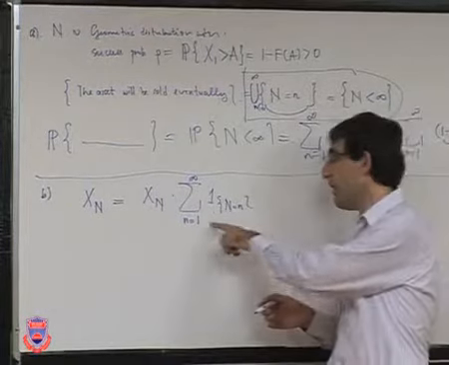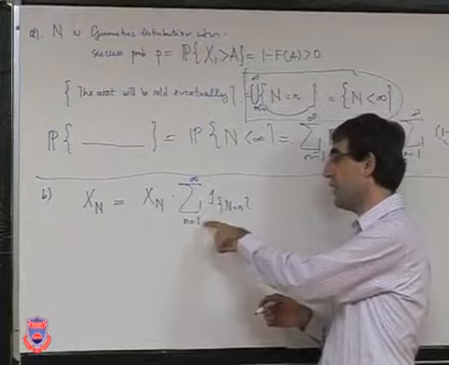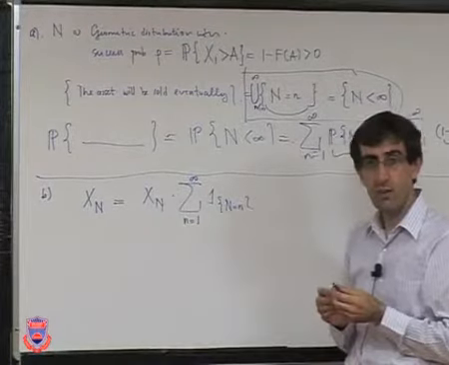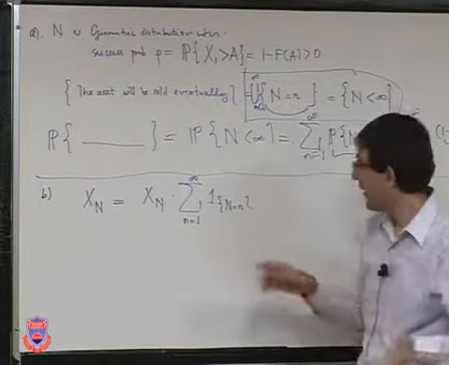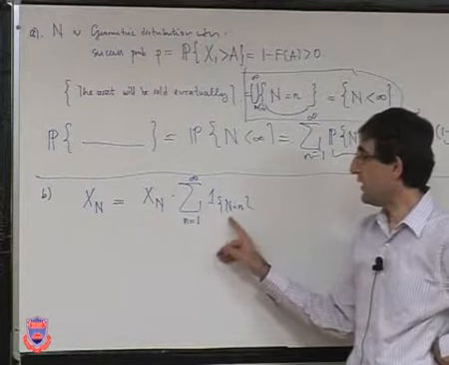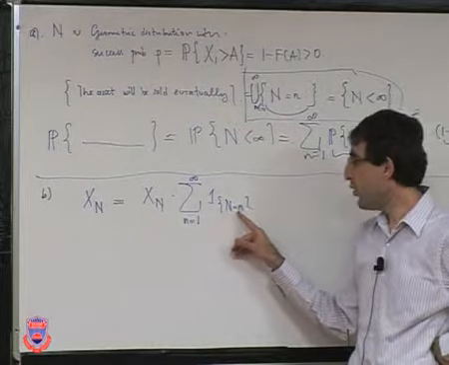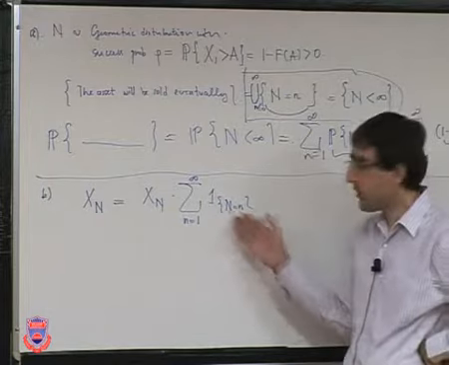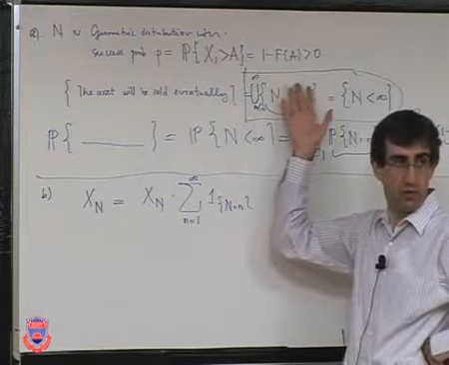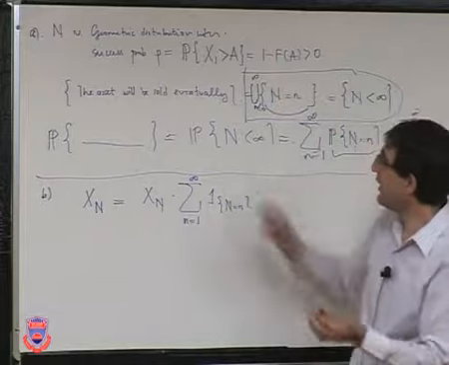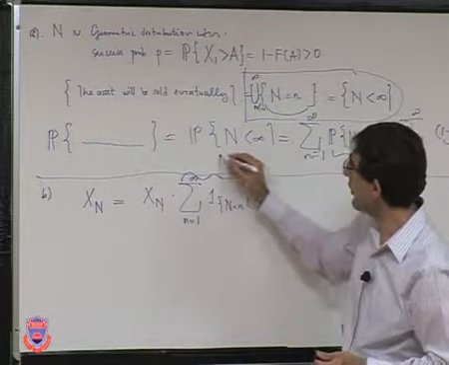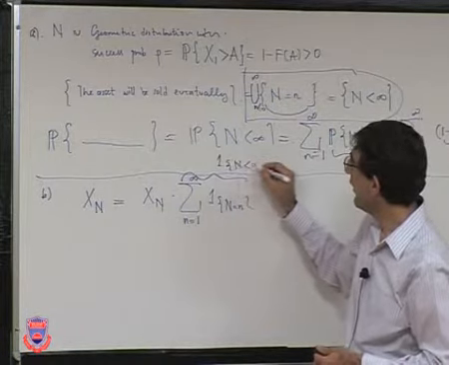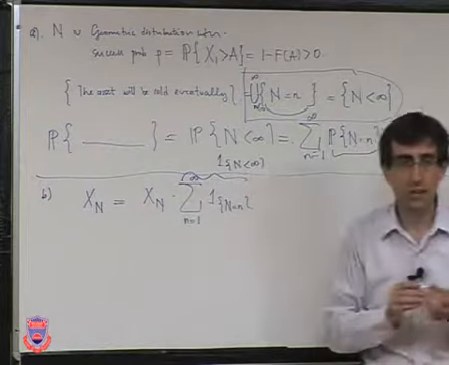What happens if you sum all these indicator random variables from 1 to infinity? This is the indicator of the event that you will sell the asset at time n. It is when you will eventually sell the asset anyway. What this says is that this is the indicator random variable of the event that N is finite.